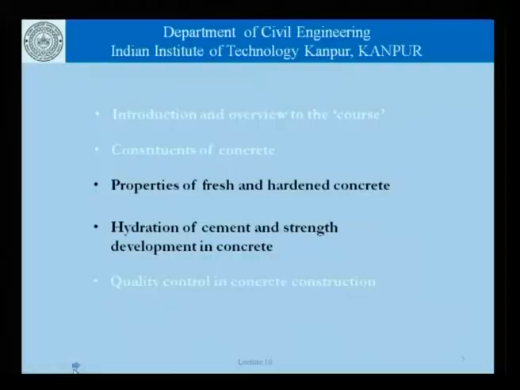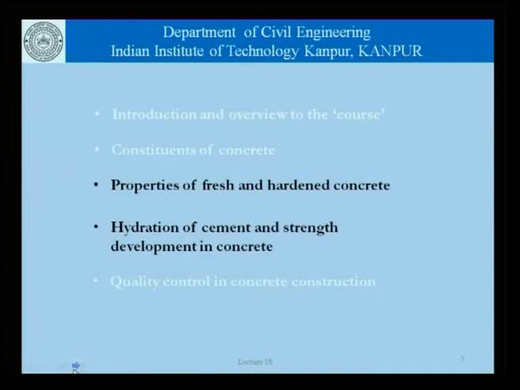For example, hydration of cement is the basis on which strength development takes place, on the basis of which special concretes can be designed and so on. Quality control of concrete spans constituents, methods, properties of concrete and so on.